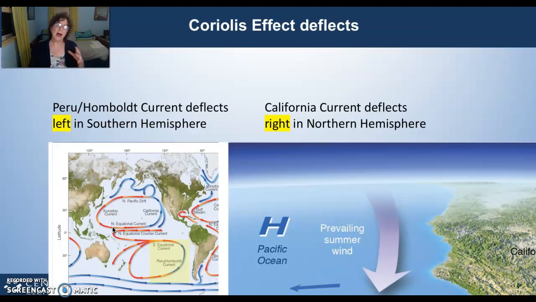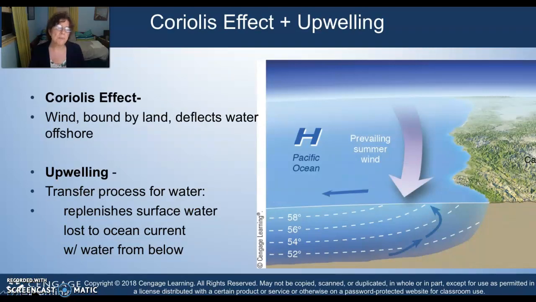So we've talked about how the Coriolis effect impacts ocean currents. Now we're going to talk about this phenomenon called upwelling, which is added to it. Upwelling is a way to replace the water that is taken away from the area where the deflection really takes place.